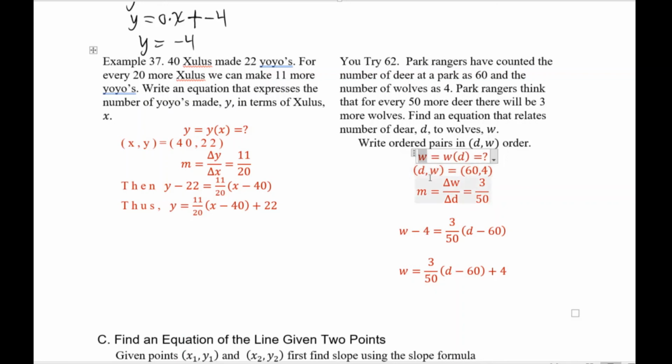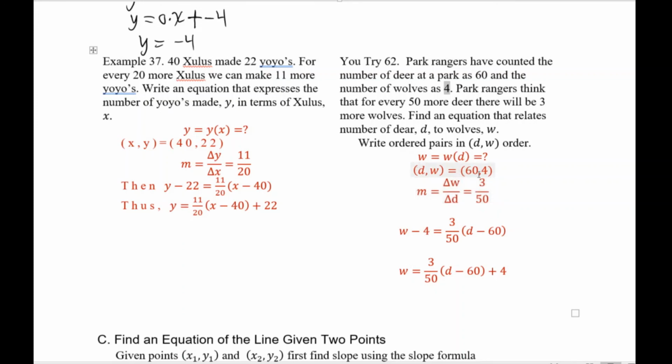Here, when we have d, which is deer, being 60, how many wolves will we have? It states here that there is going to be 4. And then for every 50 more, there'll be 3 more wolves. So for a change of w of 3, we have a corresponding change in deer, d, of 50.